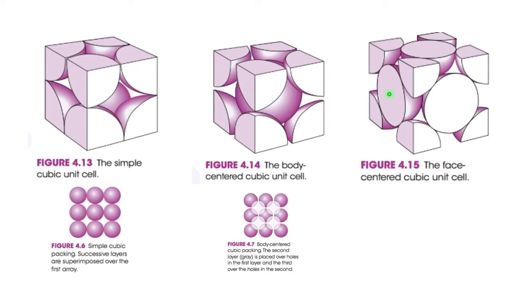We have spheres at each side of the cube, and then we have spheres at each of vertices. So face center cubic cell. There is no other option when we consider cubic packing.